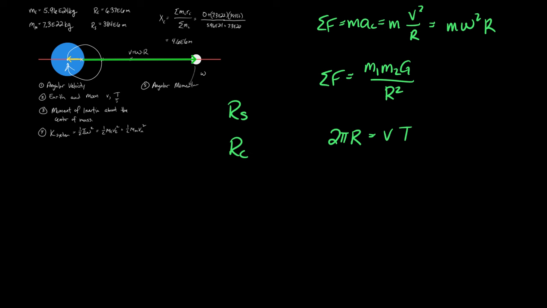So can you go back through there and put an S and a C on all of the R's over here? Should be done. S here, C here, and here, and here. All good?